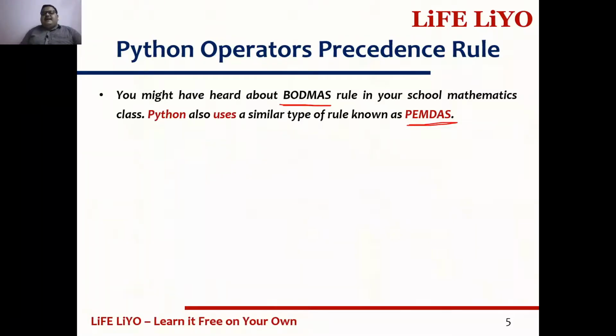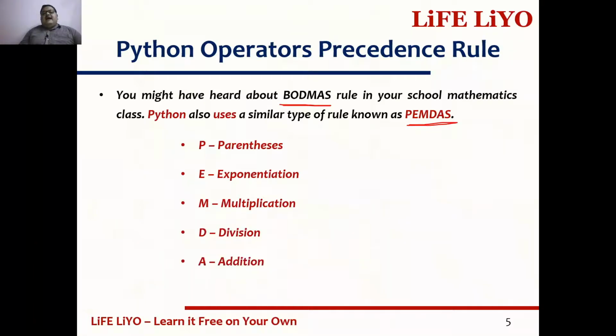P means parenthesis. So whenever the parenthesis comes into the expression, first that parenthesis should be evaluated. Then exponential. So whatever the exponent values, that is power values, that should be evaluated next. Then multiplication, after that division, and then addition, and the last one will be subtraction.